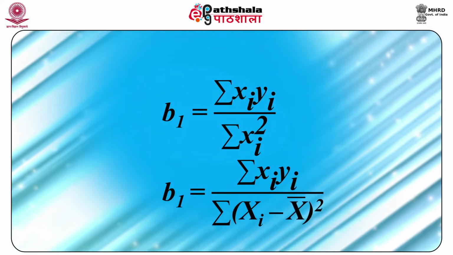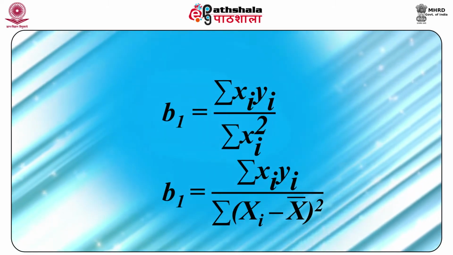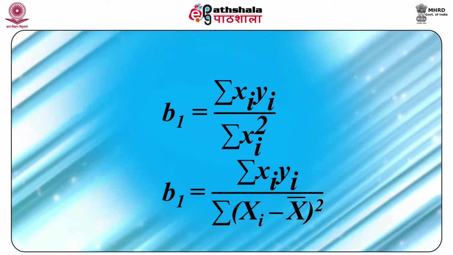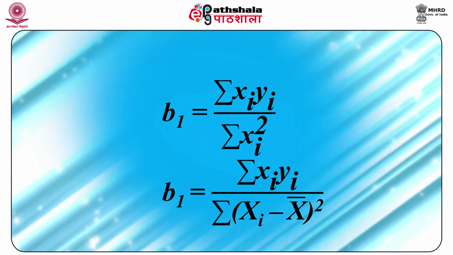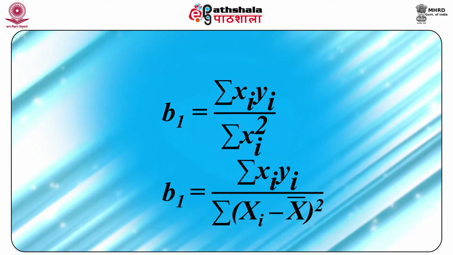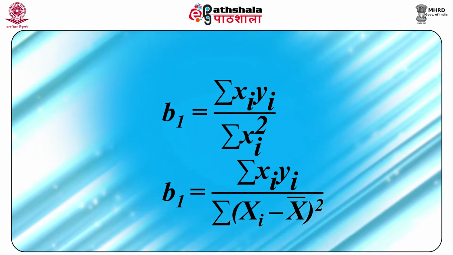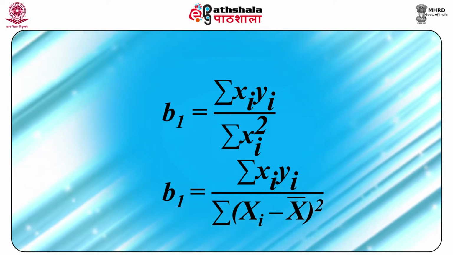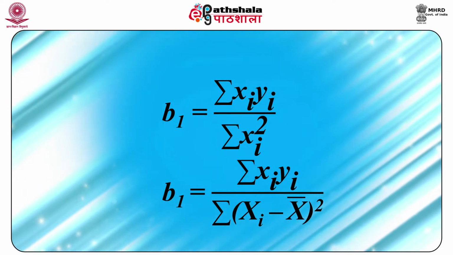Then we know that b1 is equal to sigma xi yi upon sigma xi square, that is, sigma xi yi upon sigma (xi minus x bar) square. So as xi is equal to x bar, the denominator reduces to 0 and the slope coefficient cannot be computed.